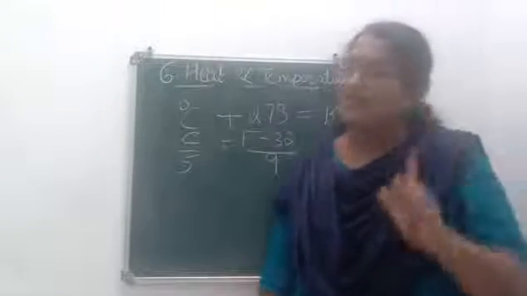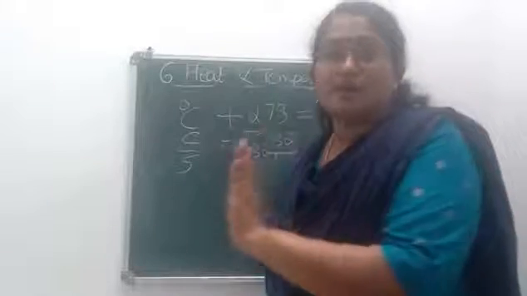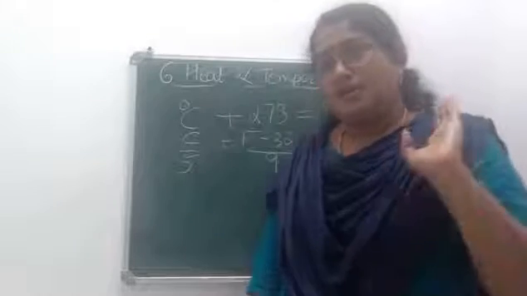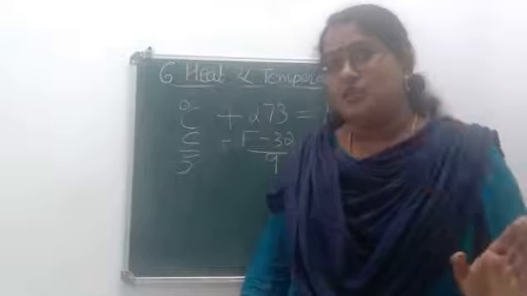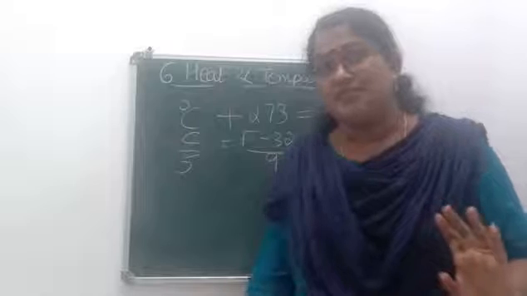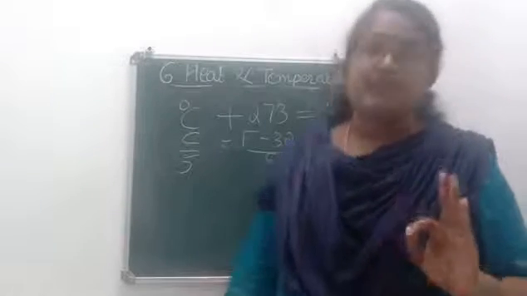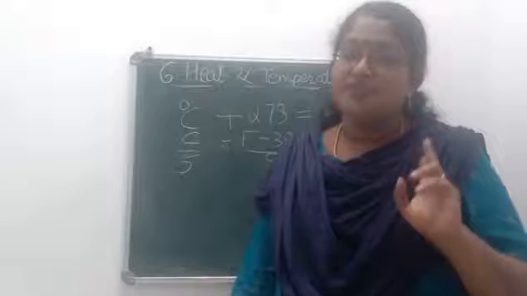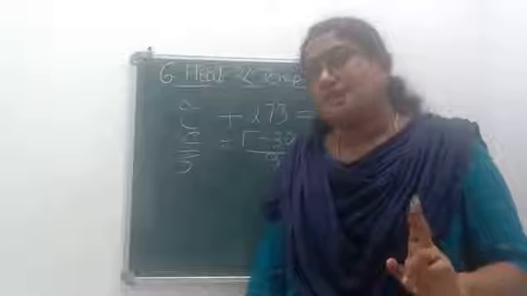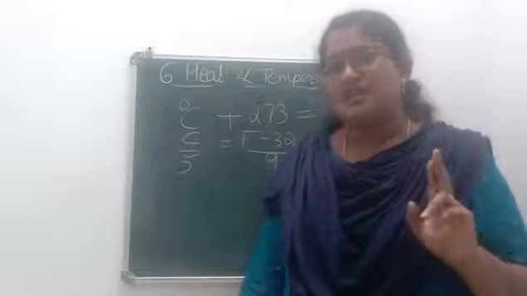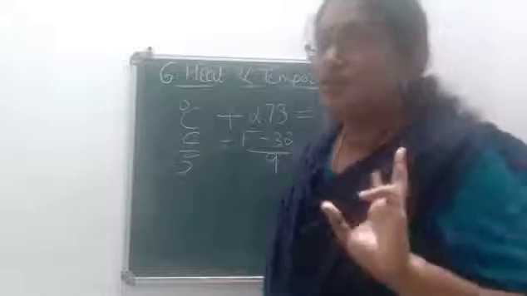Then the next thing to keep in mind: lower fixed point and upper fixed point. 0 degree, 100 degrees Celsius. Then 273 Kelvin, 373 Kelvin, 32 degree Fahrenheit and 212 degree Fahrenheit. Since the number of divisions between LFP and UFP is the same in Celsius and Kelvin scale, the change in temperature will be the same when you are considering these two.